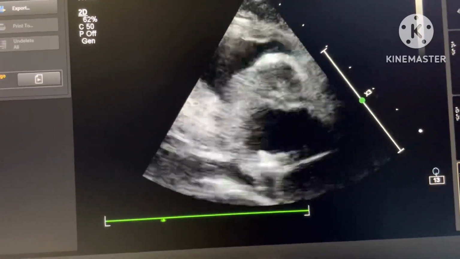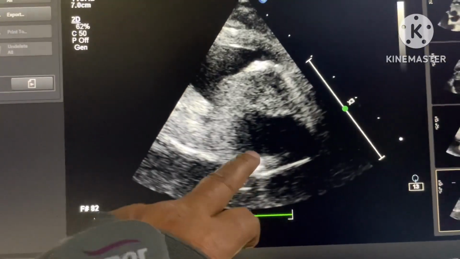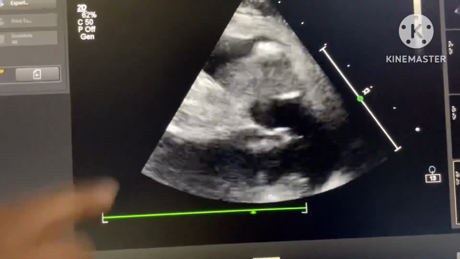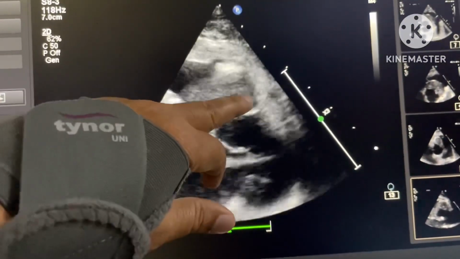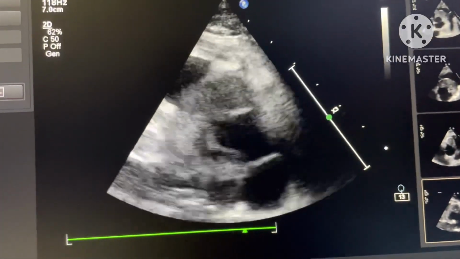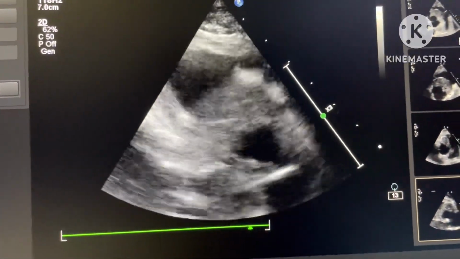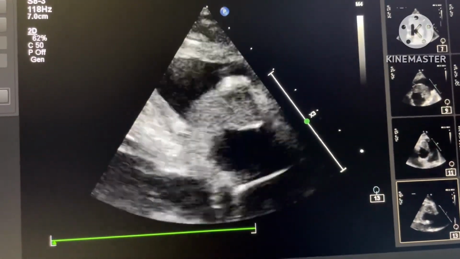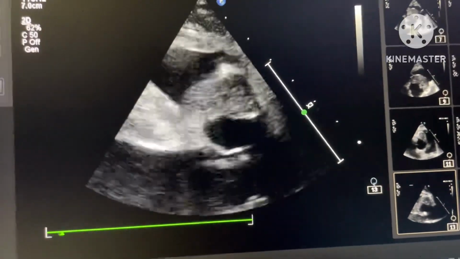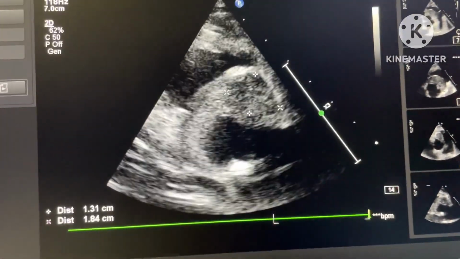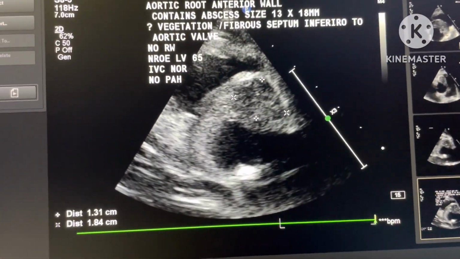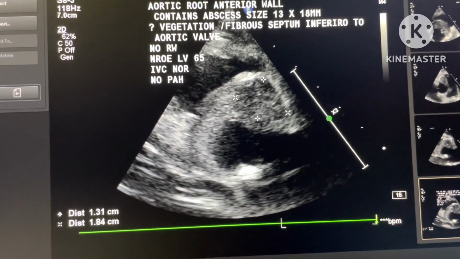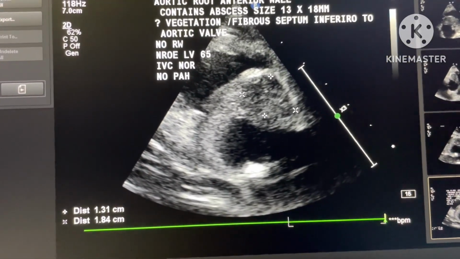At the same time, calcification of the aortic valve is also seen. You can see this is calcification. The aortic valve has pus here. So this is a very interesting case of aortic root abscess. This is how large the aortic root abscess is.